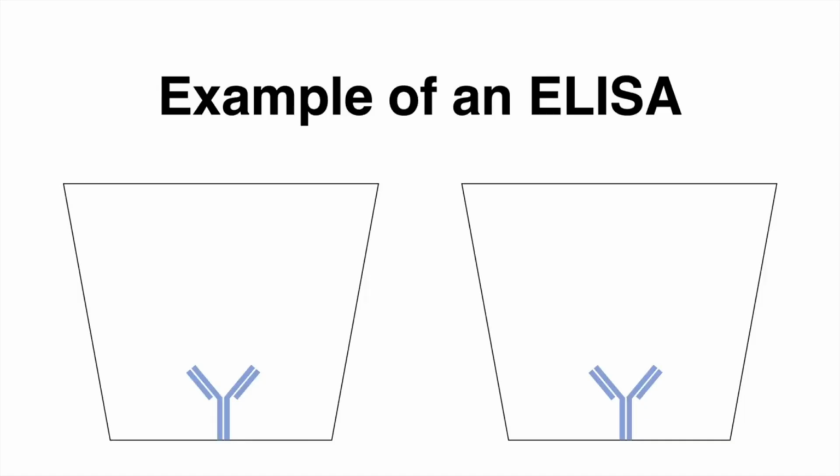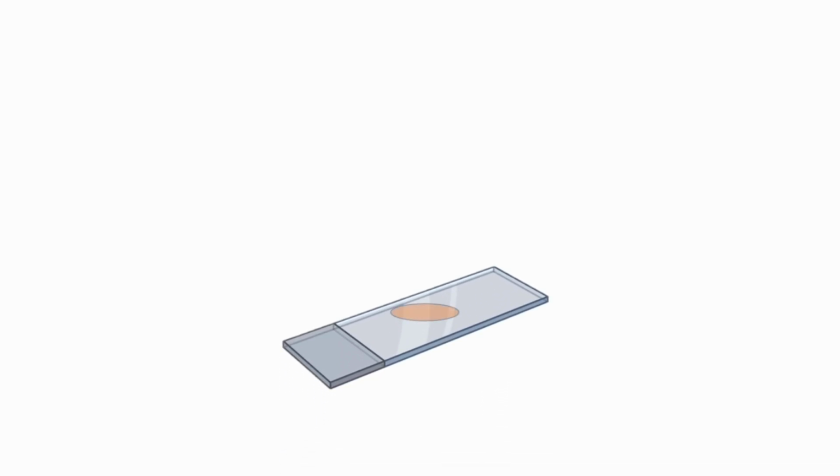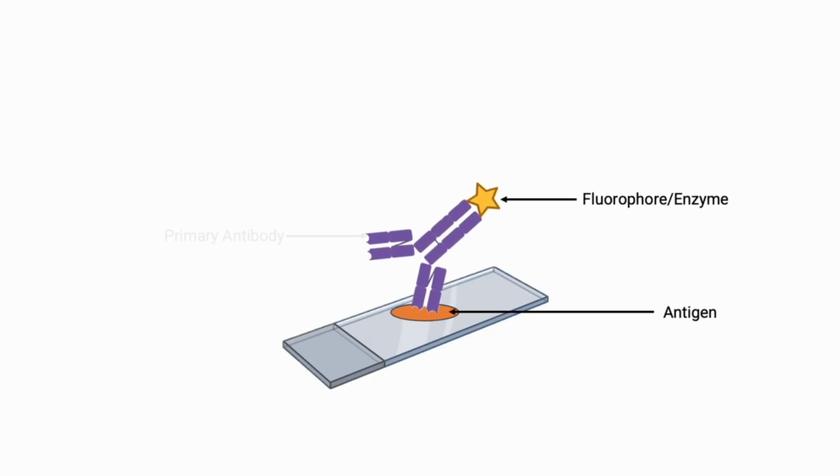So this is the figure which shows the direct ELISA. The first step is antigen or antibody binding to the surface. And then the second step is the incubation with the enzyme-labeled antigen or antibody. Wash the unbound antigen or antibody out and develop color with the substrate.